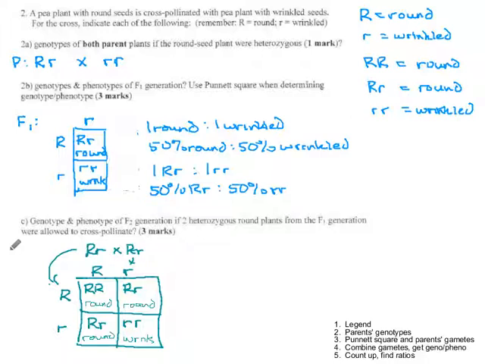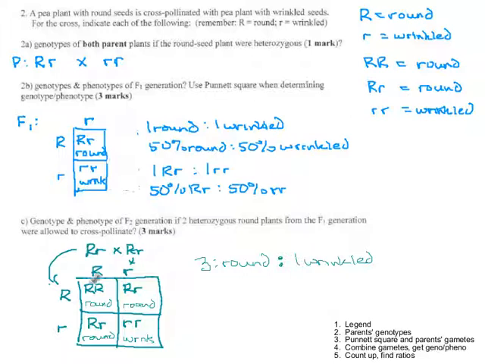Okay, so there's the offspring, and if we count them up, we get 3 round, colon, 1 wrinkled. Or if you do percentages, it would be 75% round to 25% wrinkled.